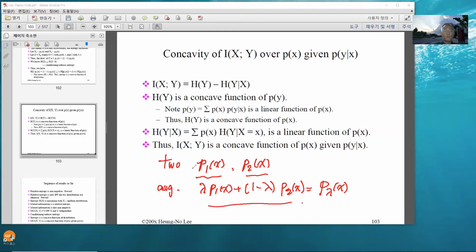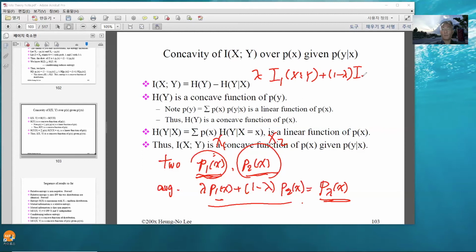In Jensen's inequality, the whole thing plays the role of x1, x2, but each one of them is a vector because it's a distribution. So you are talking about two vector points, and then the average of the two vector points, and that's what this vector is. And then you need to consider mutual information of each individual one. Let's say we call it mutual information between X and Y based on p1(x), and then we multiply that with lambda plus (1 minus lambda) times mutual information using p2(x). We call it I2(X;Y).